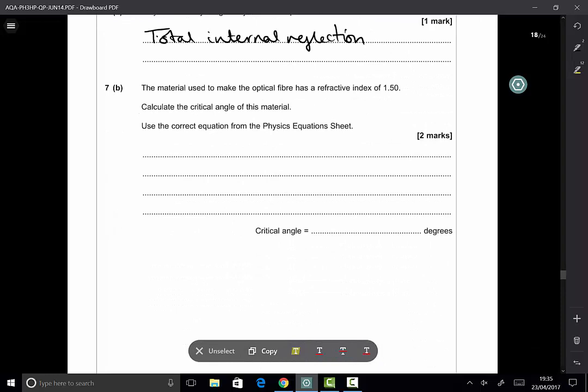The material used to make the optical fibre has a refractive index of 1.5. Calculate the critical angle. So the equation is n is 1 over sine theta C. So sine theta C is going to be equal to 1 over 1.5.